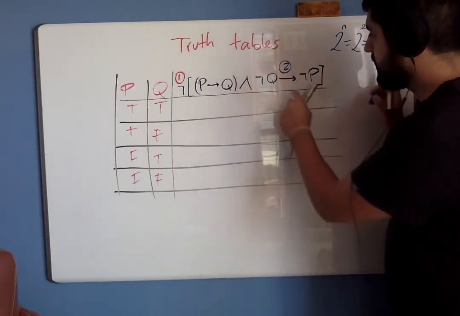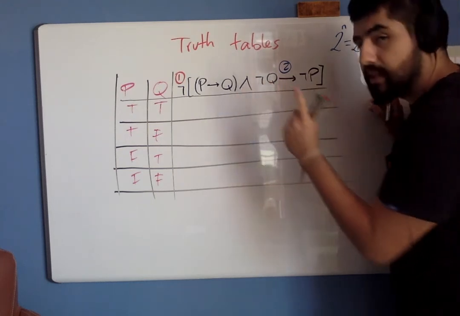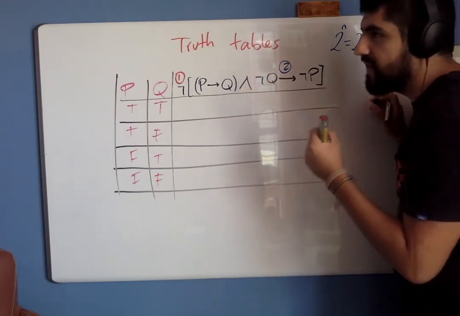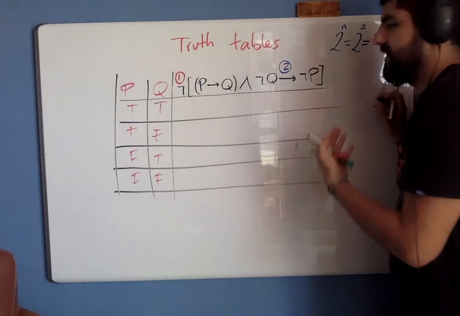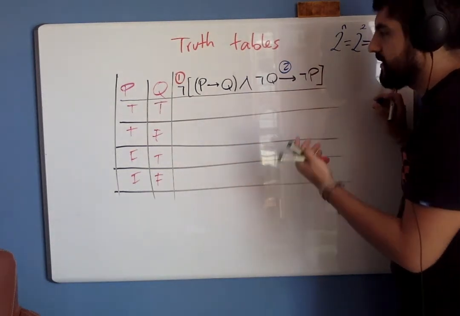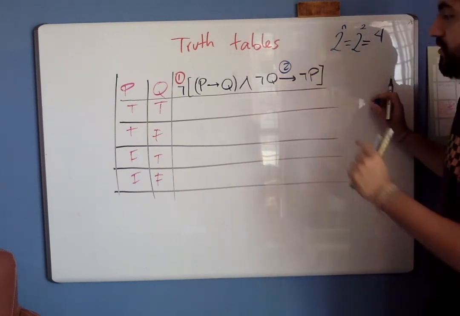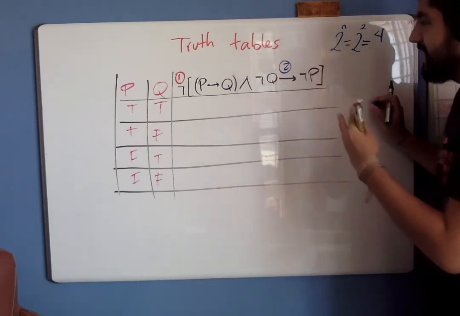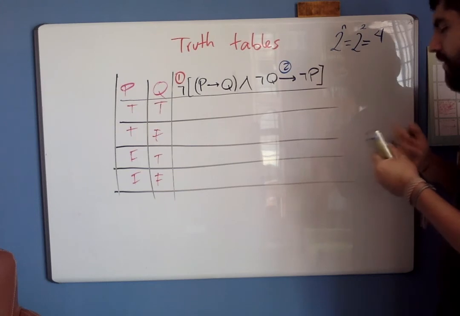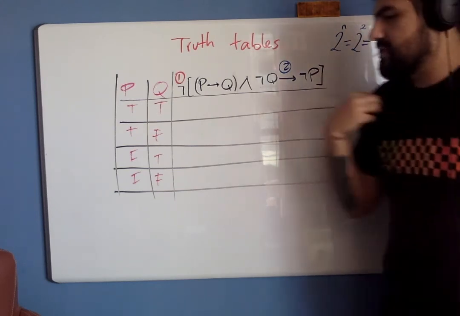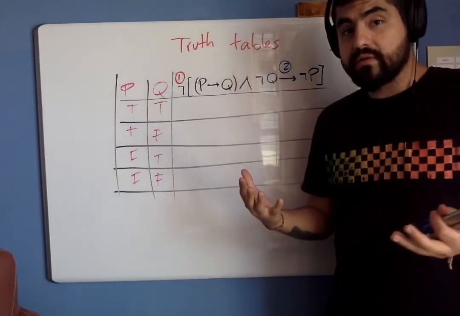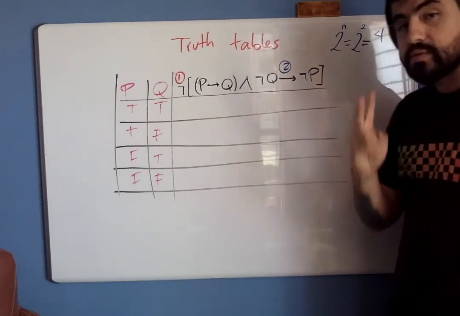Because between this conditional and this conjunction, the one that has more hierarchy in the degree of dominance of the logical connectives is the conditional, okay? So since the conditional is more important, or has more range in the scale of the logical connectives, this is going to be the number 2.